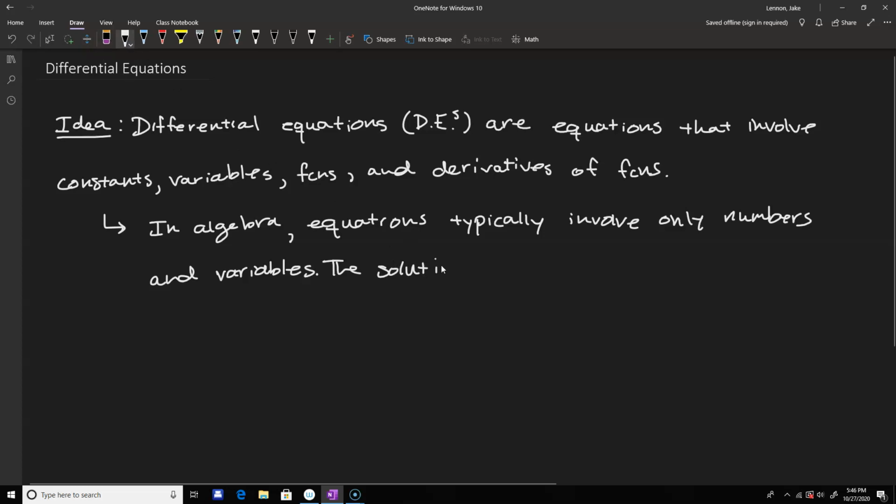So we're going to contrast that to differential equations. So in contrast, the solution to a differential equation will actually be a function.